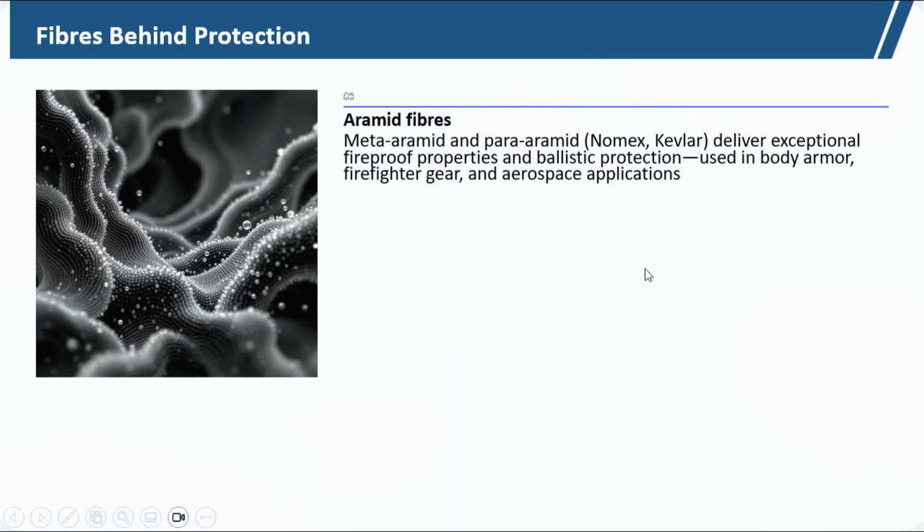The meta and para aramid fibers deliver exceptional fire protective characteristics and ballistic protection, and are used for body armor, firefighter gear and aerospace. So, different types of fibers are being used.